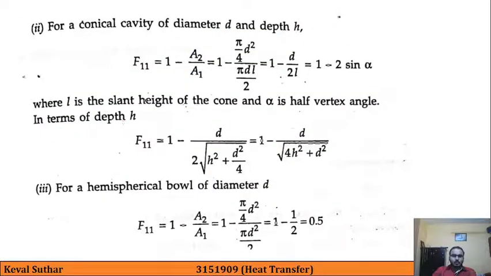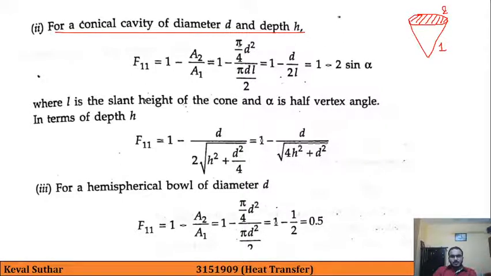Next is a conical cavity with diameter d and depth h. That will be like this. So this will be our surface 2, and this will be our surface 1.